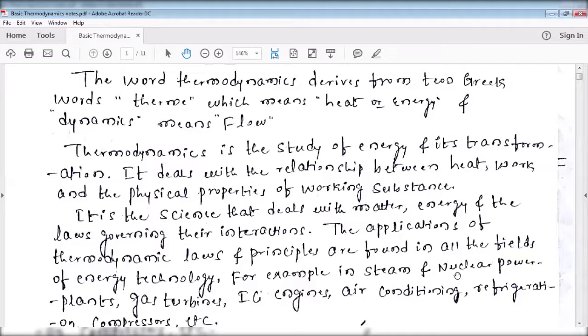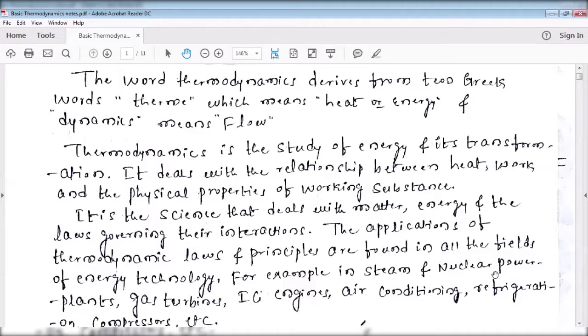Enormous energy is liberated. That energy is used to convert the water into steam. Then that steam is used to run the turbine. Once the turbine is rotating, that is called as the mechanical energy.